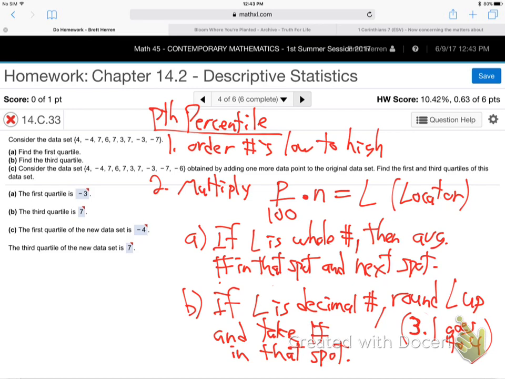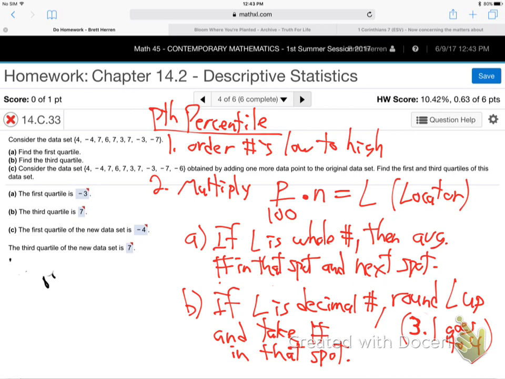Okay, so we got that down, I'll show you how that operates. So they're asking me for first quartile, third quartile, that kind of thing. First off, what are quartiles? They're like a quarter of the way through a game, right? The basketball playoffs are on tonight and might wrap up tonight. So there's quarters, right? So first quarter.